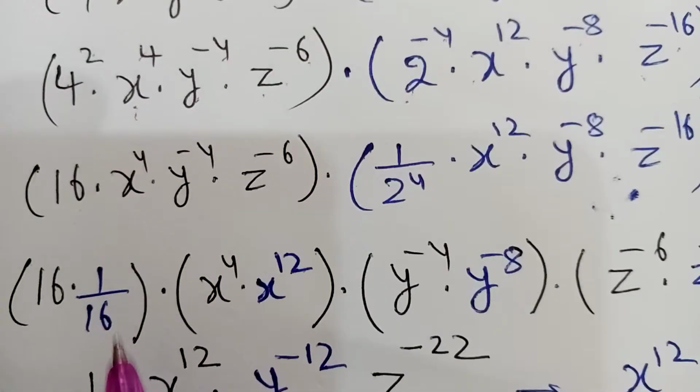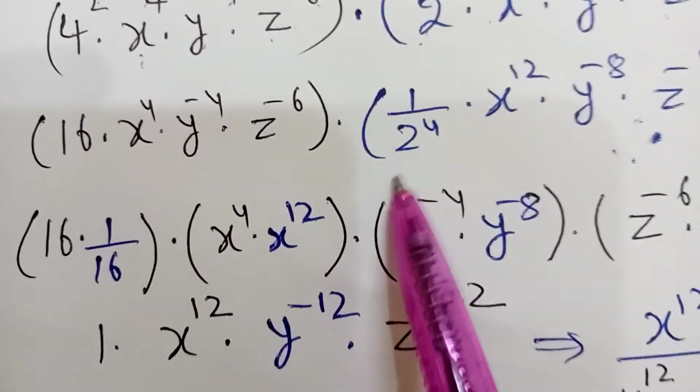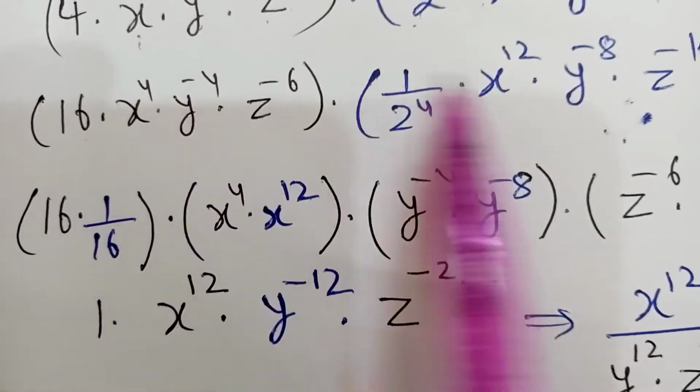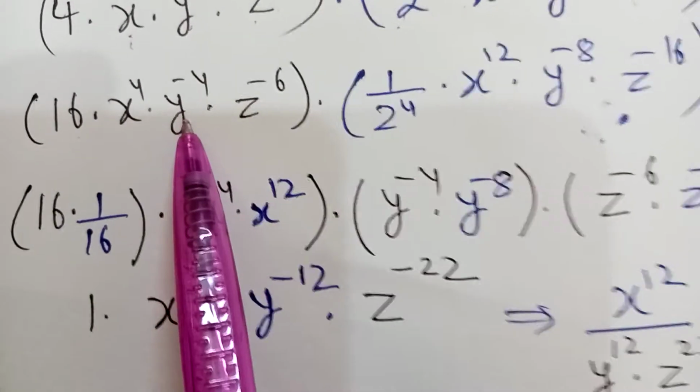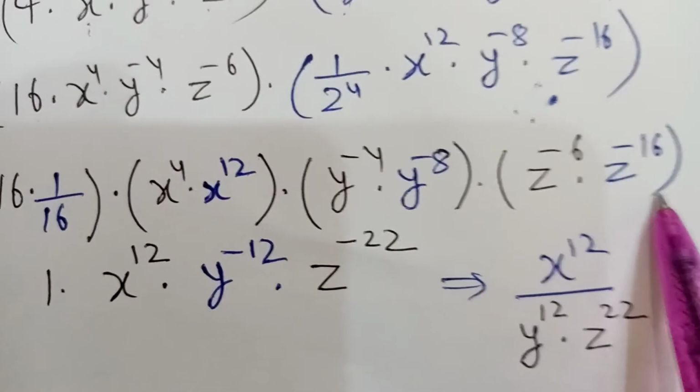Okay. Next, 16 into 1 by 2 power of 4, 1 by 16 into x and x one side, y and y one side, z and z one side.